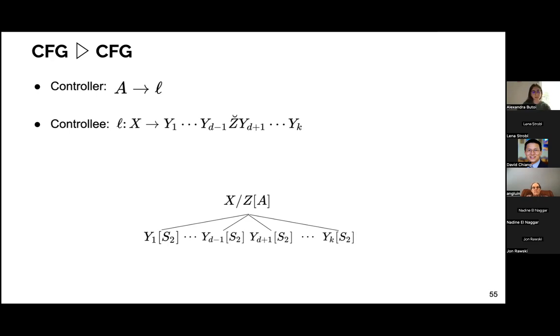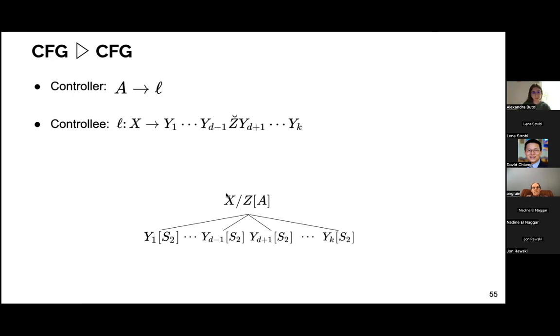in a CFG controlling a CFG, and we'll see it next in a CFG controlling a PDA, the control words get fragmented. So we need to keep track of the symbols of the controllee between which the controller symbol gets deleted.